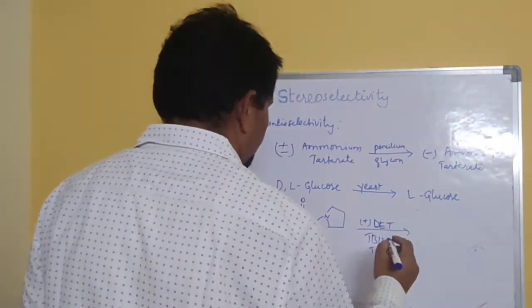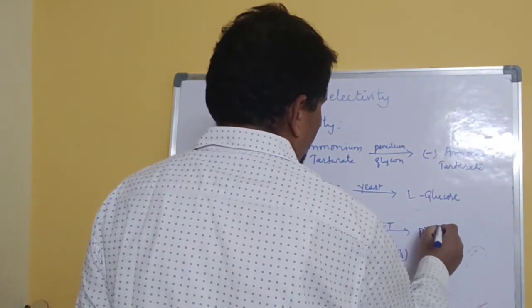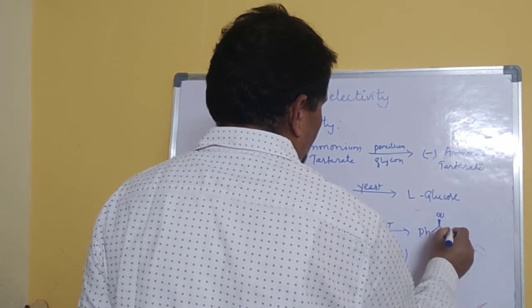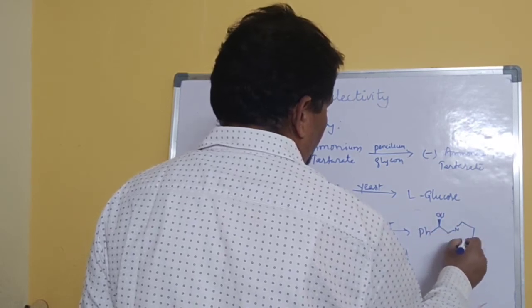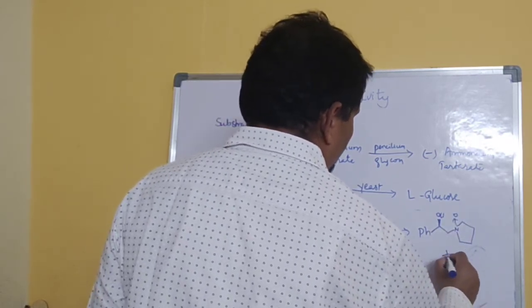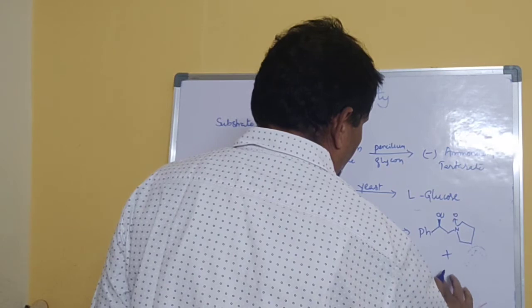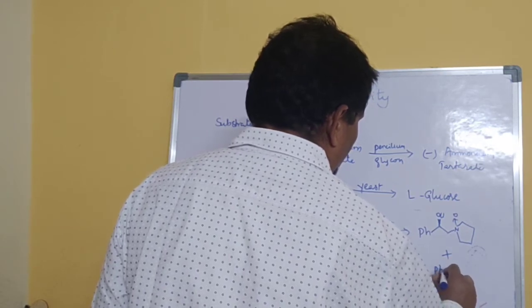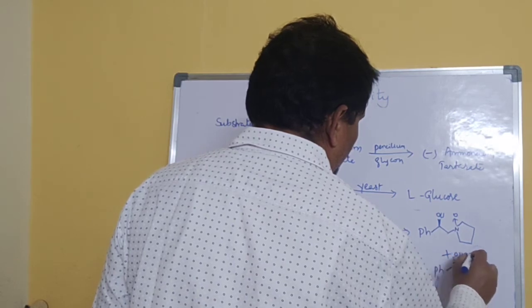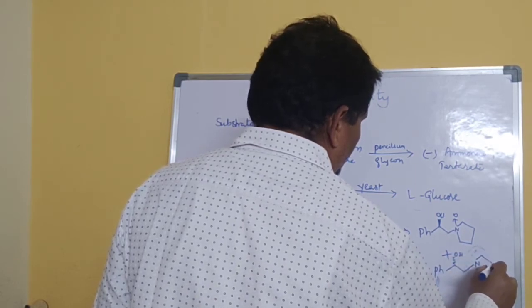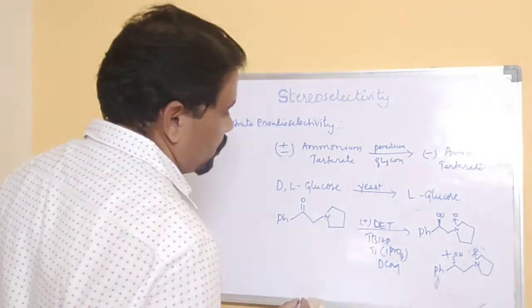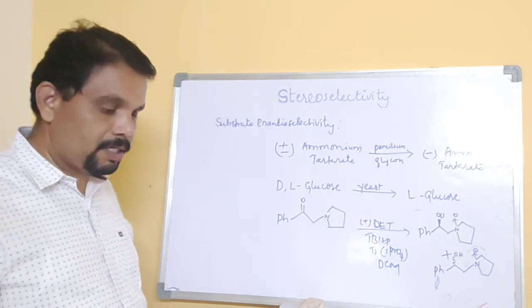You will get a product, and these are the two isomers possible in that reaction.